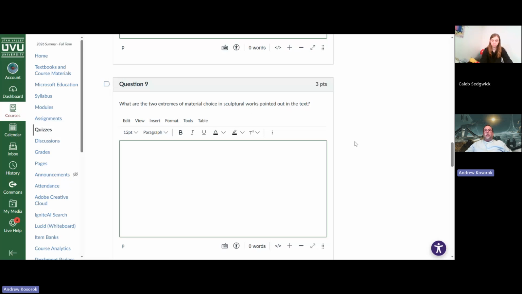I had an exhibit that I put together, and the work that he contributed was an Anasazi flip-flop. So it looked like a flip-flop that you would find abandoned at any swimming pool, but it was made out of clay like the Anasazi might use. In that case, the extreme of material choice was he created it out of clay, but it looked like foam rubber. So that's one of them, making the material look like it's something completely different.